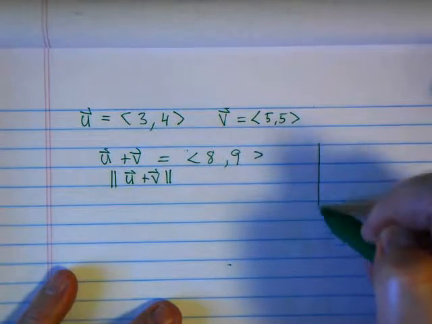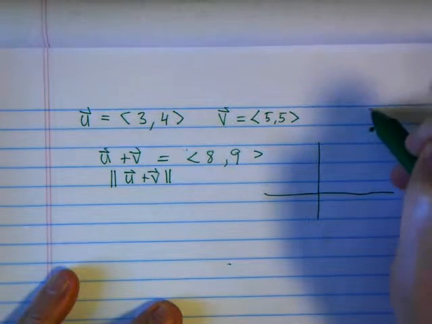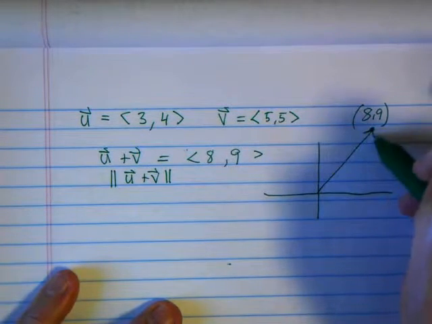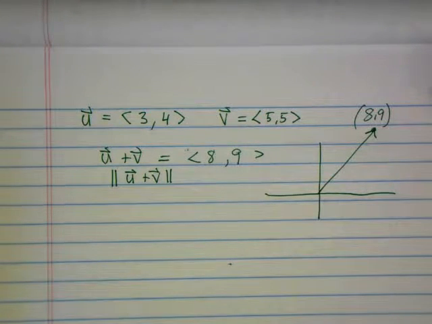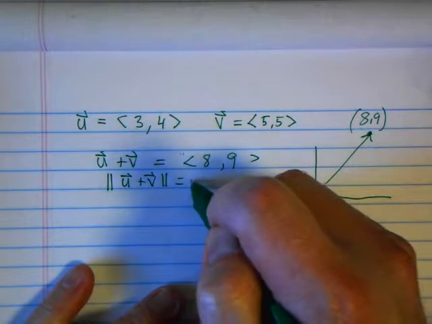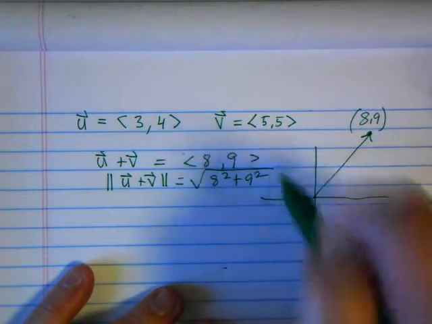Okay. 8, 9 is right there. I can just use the distance formula. I can also use the Pythagorean theorem, and the distance formula is just a special case of the Pythagorean theorem. So you're right, the magnitude is going to be the square root of 8 squared plus 9 squared.